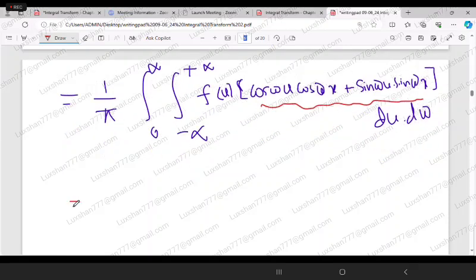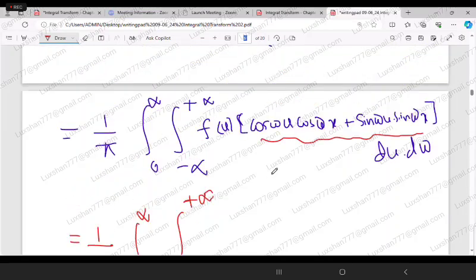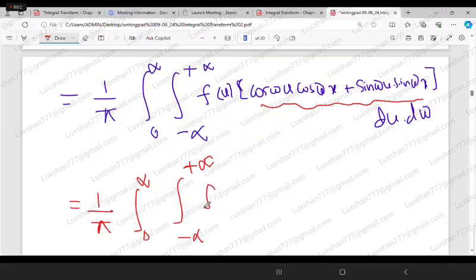So you can write this as 1 over 5, integration 0 to infinity, and minus infinity to plus infinity, f of u.